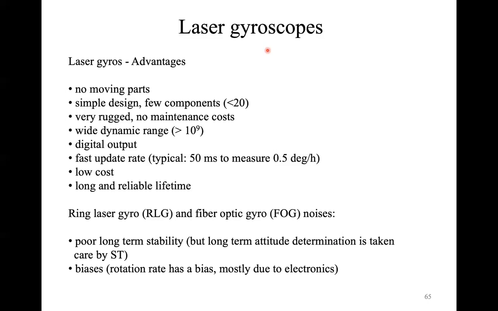But the main weakness of the laser gyroscope is that if you have a slow rotation of the spacecraft, there is a problem called lock-in that we're going to see later, that is basically related to how the gyroscope works.